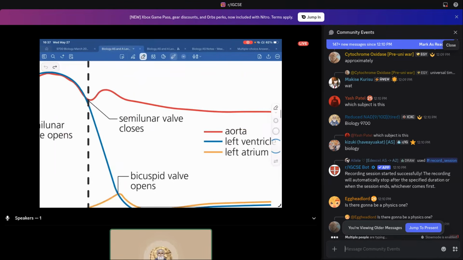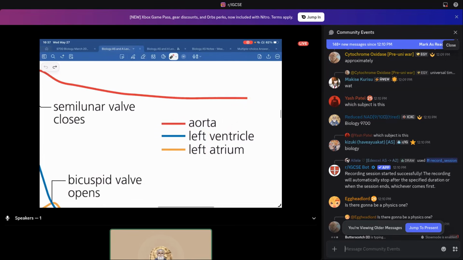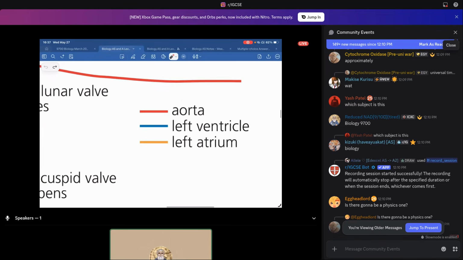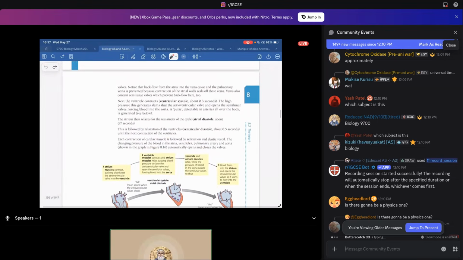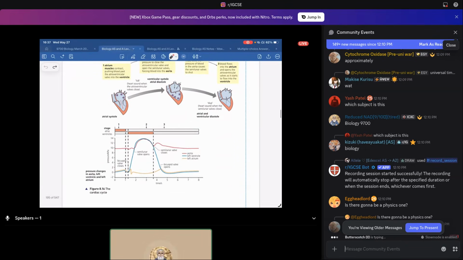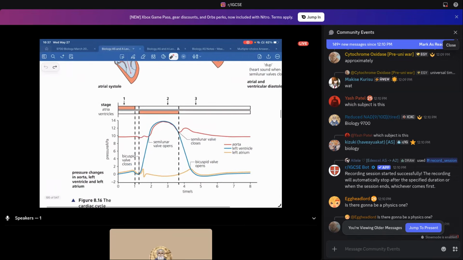But generally, you can determine it from the graph. It's given here, it says left atrium and left ventricle. The question usually specifies. For the right, the pressure is just lower, but here we're talking about the left side of the heart, just to simplify stuff, so we don't have to focus on the right side as well. Keeps everything nice and simple.